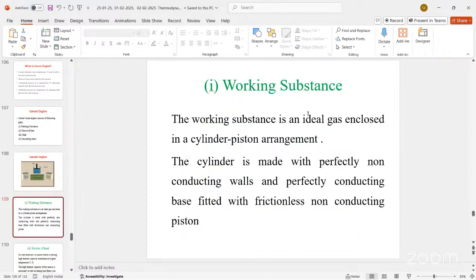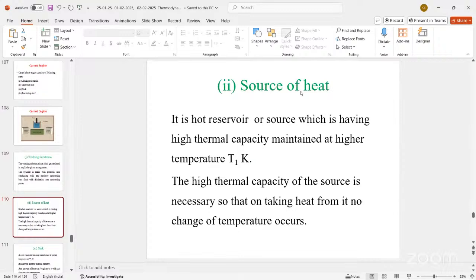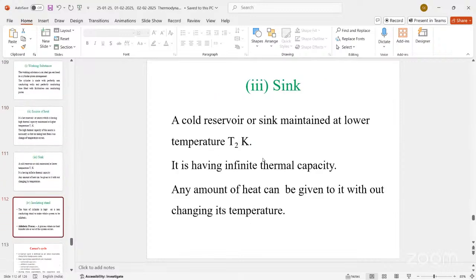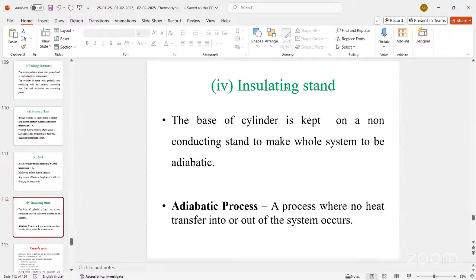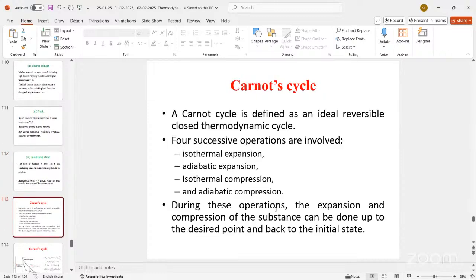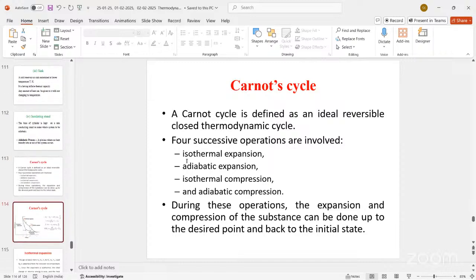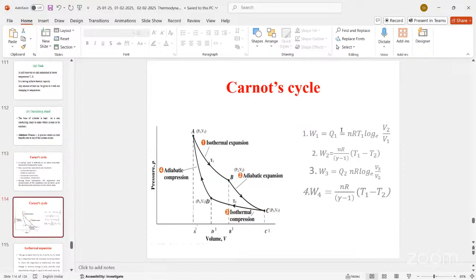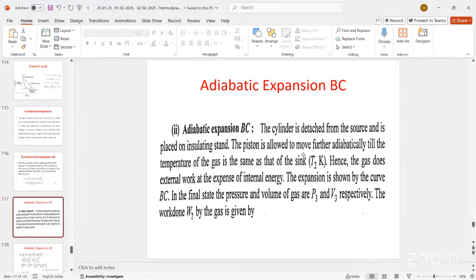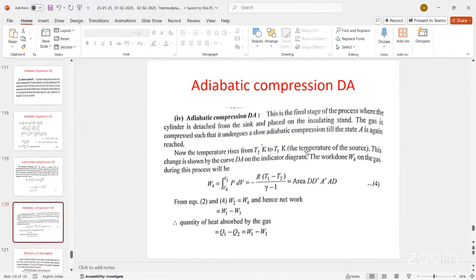What are the roles of the working substance, the source of heat, the sink, and the insulating stand? We also discussed the adiabatic process, and that the Carnot cycle depends on ideal reservoirs in a closed thermodynamic cycle. These are the four successive operations we discussed with this figure, along with the equations from our textbooks.